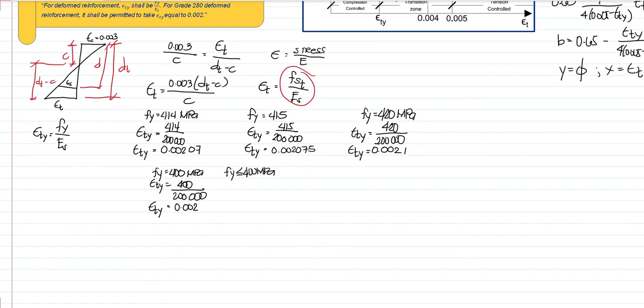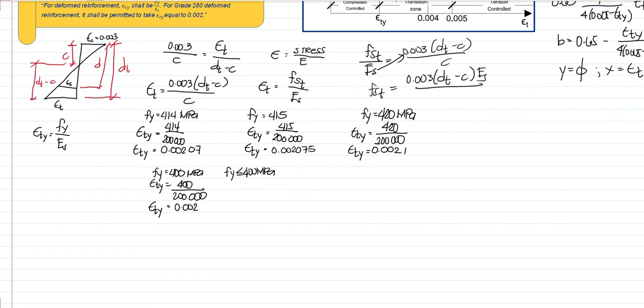So, as you can see, pwede nating gawin na ang equation nun is FST over ES is equal to 0.003 times dt minus C over C. Ngayon, pwede nating dalhin doon si ES, which is FST is equal to 0.003 dt minus C times ES divided by C.